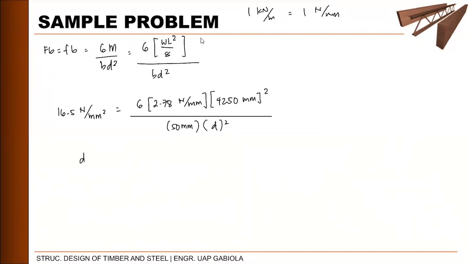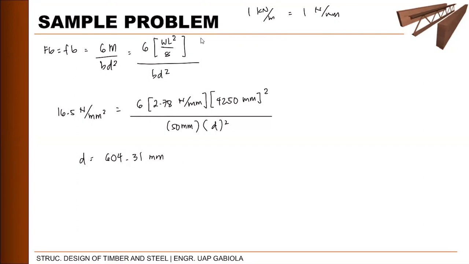So, solving for D, ano makukuha natin? 6 times 2.78 times 4,250 squared all over 16.5 times 50. And then we have a value. Square root natin yung value. We have 604.31 mm. Okay? So, as you can see, ang laki nung width natin, no?